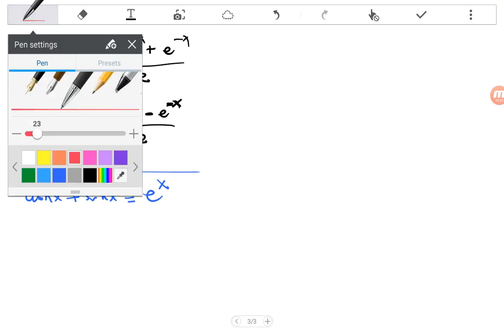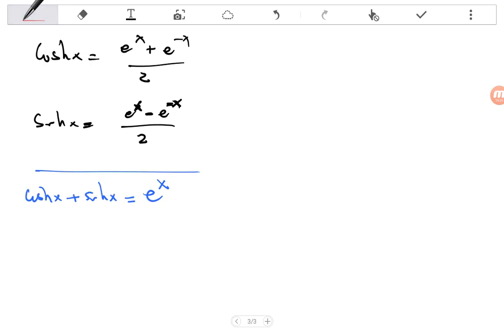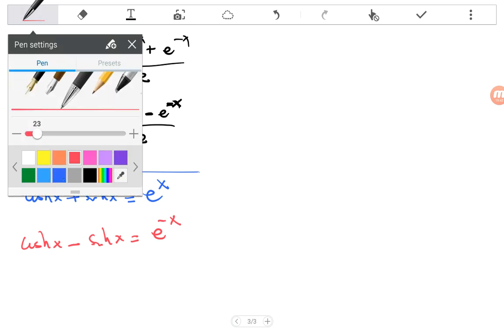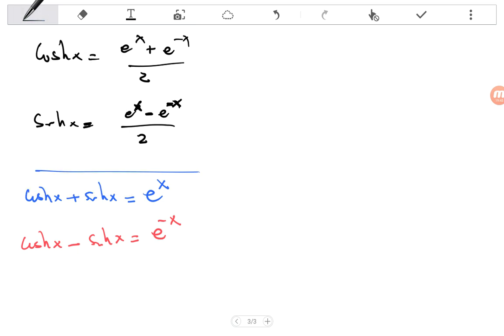What about if we subtract these two functions? If we need to find cosine x minus sine x, in this case we'll find that these first two terms will cancel, and we'll get e power negative x. Now you need to remember, could e power negative x have a negative value?